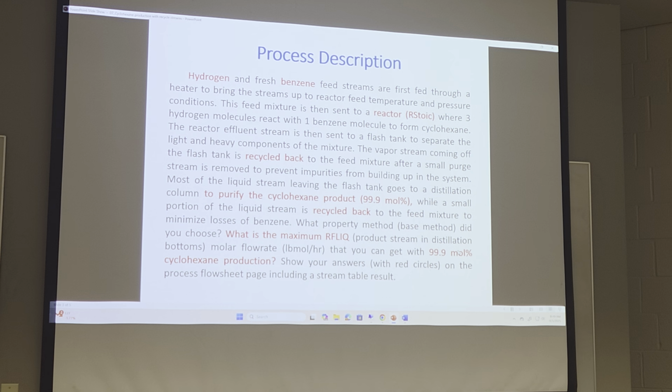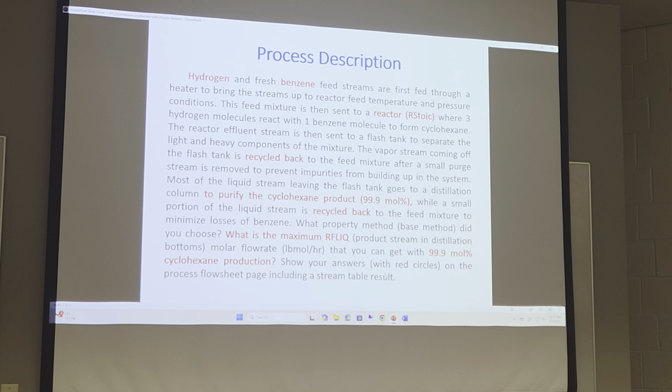So this is a fixed value. 99.9 mole% purity is fixed. We cannot change it. What we are looking for is the maximum cyclohexane production rate from the bottom stream of the distillation column with purity of 99.9%.